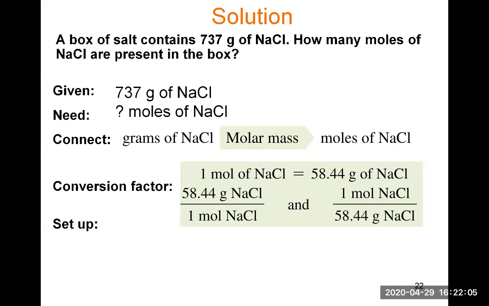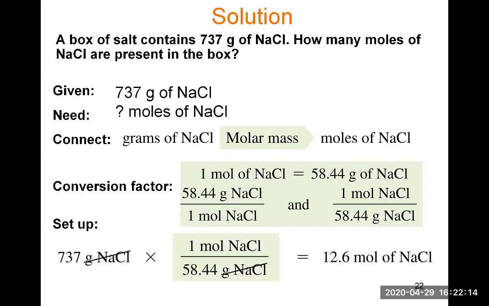And so when you write your complete calculation, always start with the given amount. 737 grams of NaCl, and please write the full units, grams of NaCl. You will see later on how this is important to write the full unit, not just grams and moles, because here we are dealing with only one substance, but later on we will deal with more than one in one calculation.